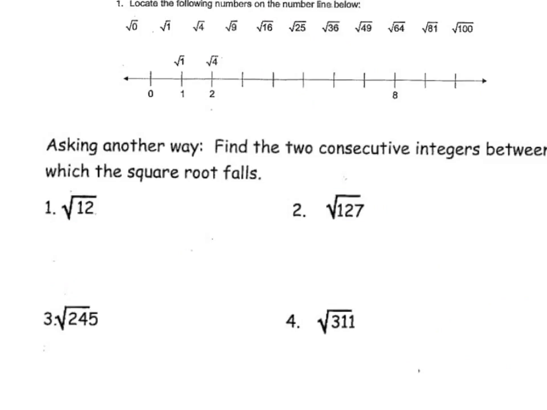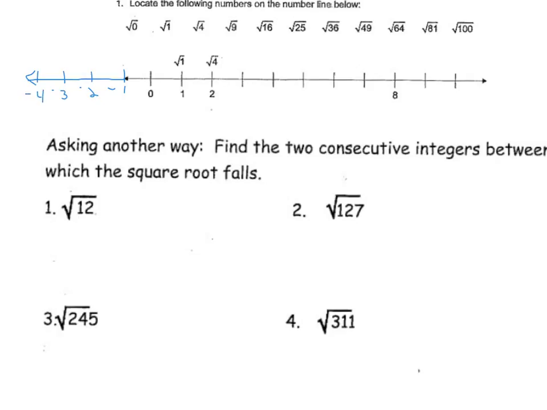All right, now on this next set of problems, I want you to extend your number line in the negative direction. All right, so we have 0, and we're going to extend it back here. We're going to add in -1, -2, -3, and -4.